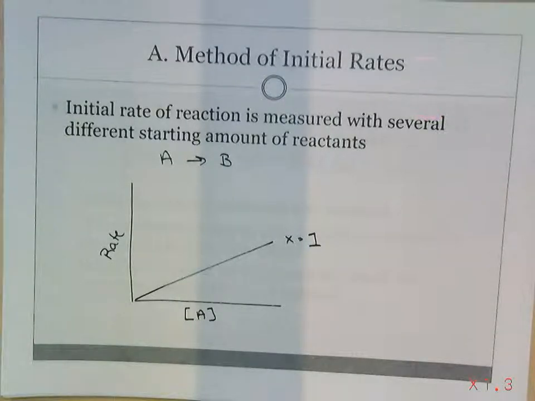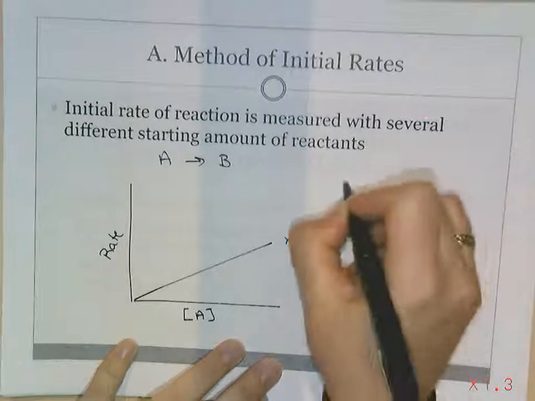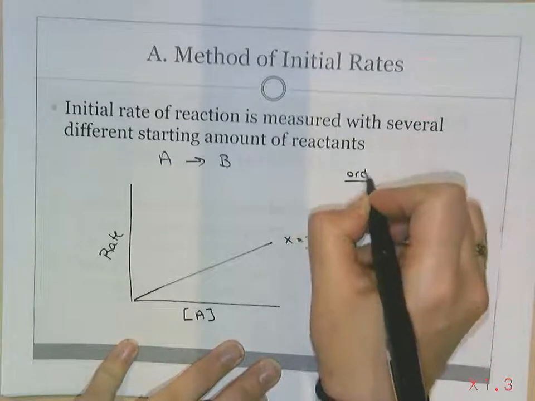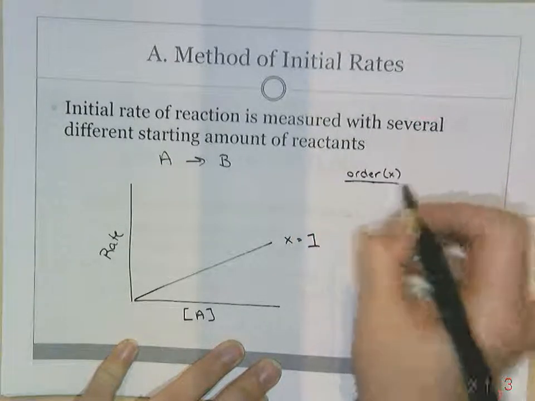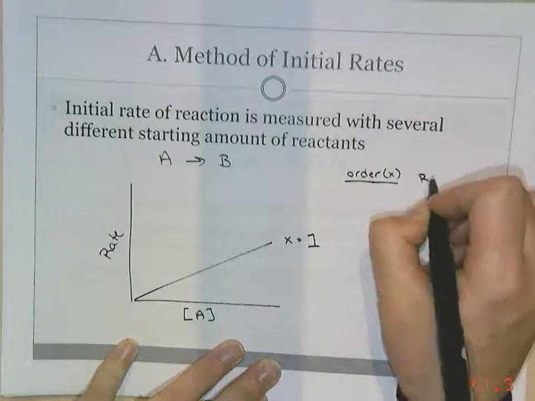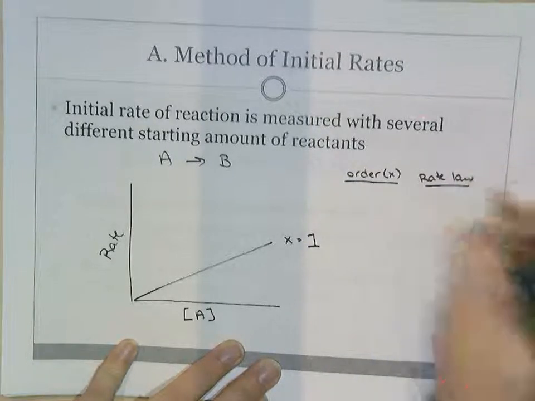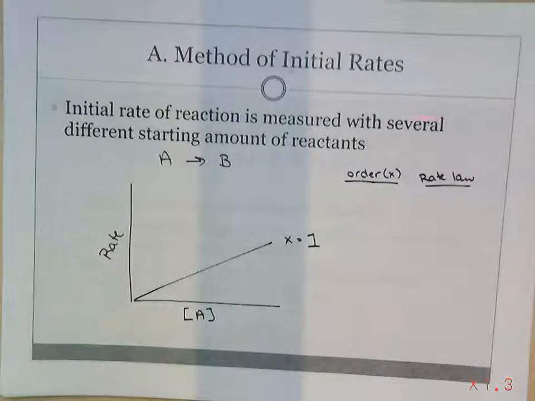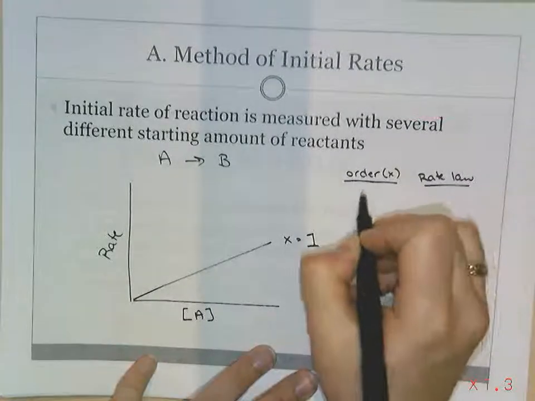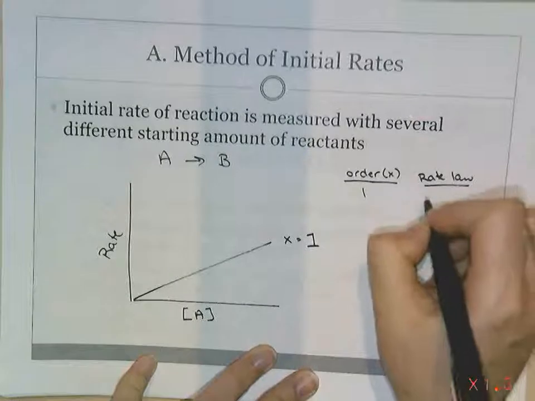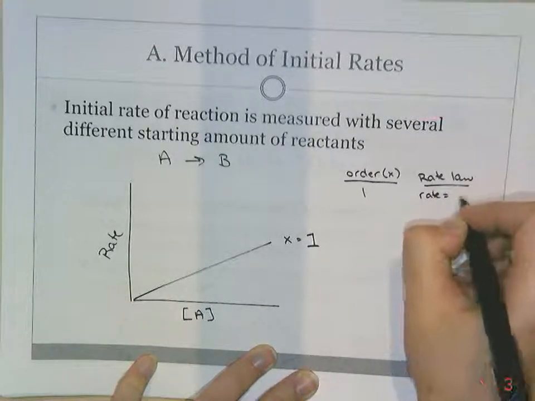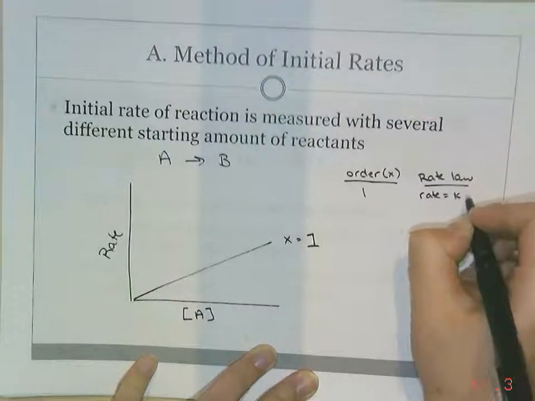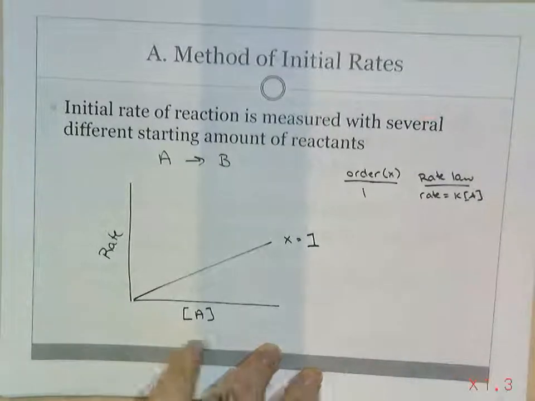Multiply by 10, multiply by 10. That means they are directly related. So we'll make a little table to keep track. So when the order is 1, my rate law for this will be rate equals k concentration of A raised to the power of 1, but that's implicit.